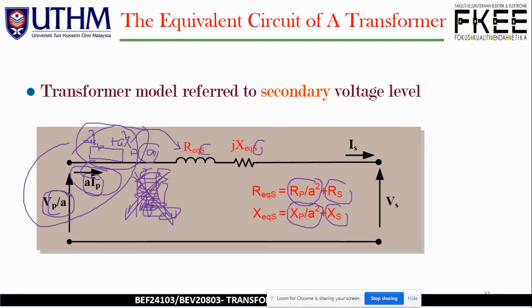That's why we can simply come out with equivalent R as well as equivalent X, and they are all connected in series: RP over A squared plus RS, XP over A squared plus XS. So IS, VS, RS, and XS remain unchanged.